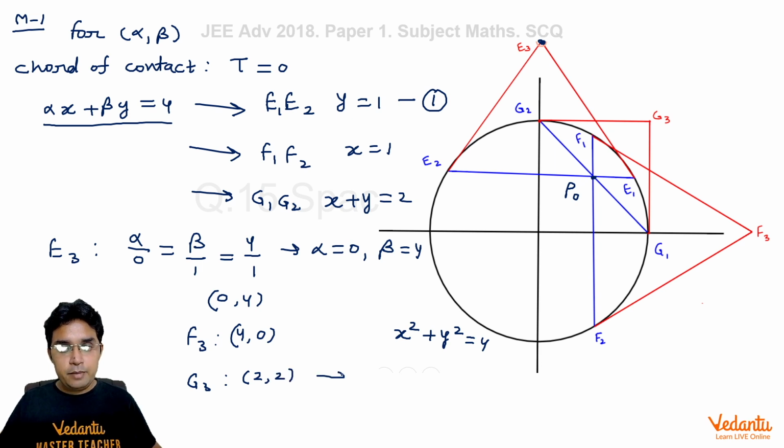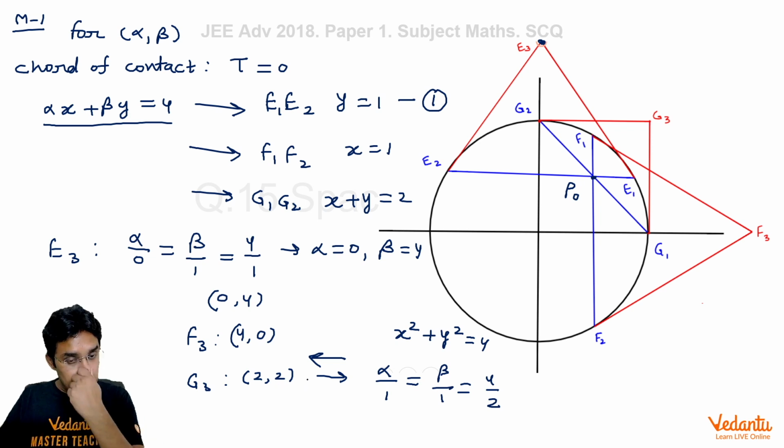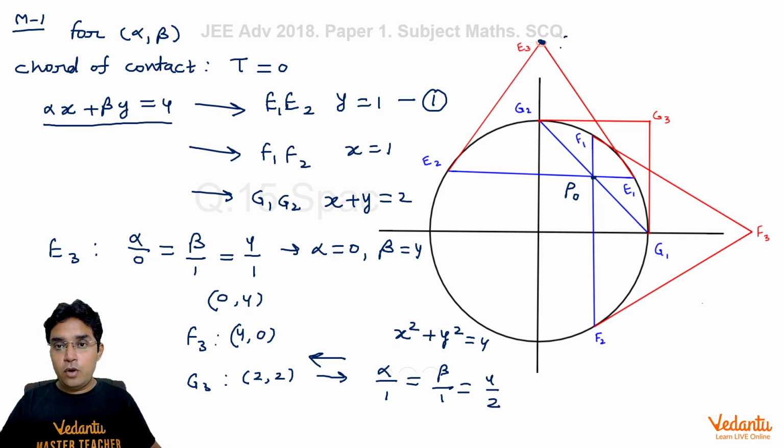For this, let me do the calculation. Here we will be getting alpha upon 1 is equal to beta upon 1 is equal to 4 upon 2. So from there, we will get alpha equal to 2 and beta equal to 2. So these 3 points we have got as 0, 4, 2, 2 and 4, 0.